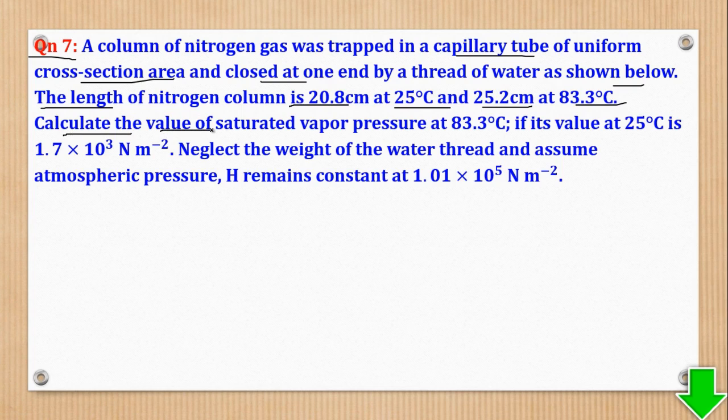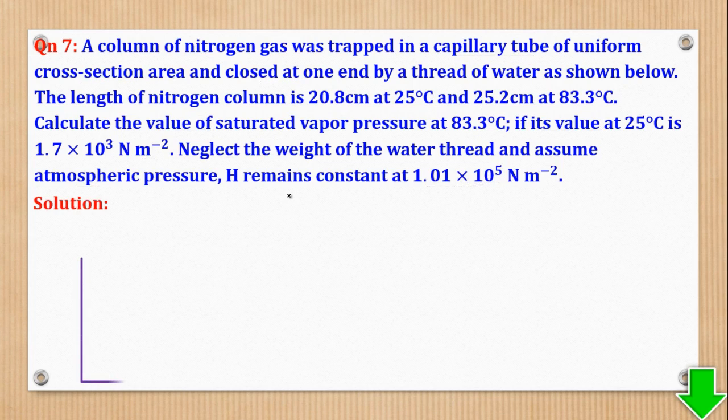Calculate the value of saturated vapor pressure at 83.3 degrees Celsius if its value at 25 degrees Celsius is that. Neglect the weight of the water thread and assume atmospheric pressure remains constant.